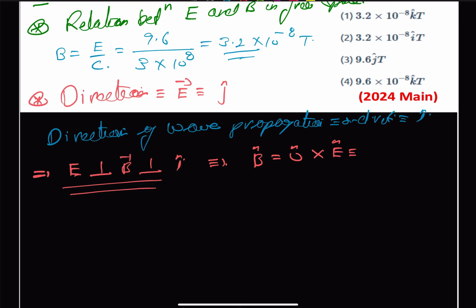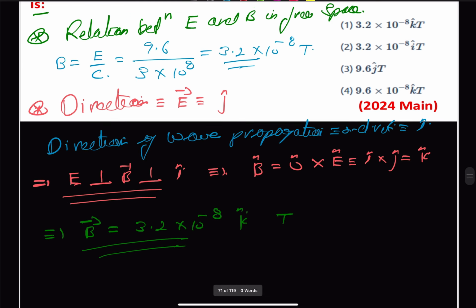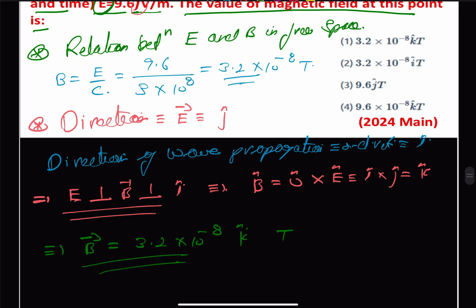So we have i cross j, this is giving us k. Therefore the magnetic field will be of magnitude 3 into 10 to the power minus 8, and we have this as k unit vector Tesla. So option 1 is correct.